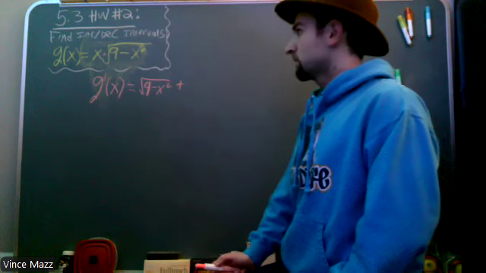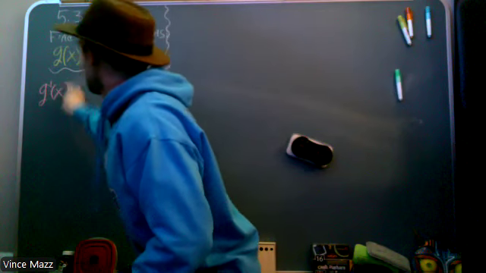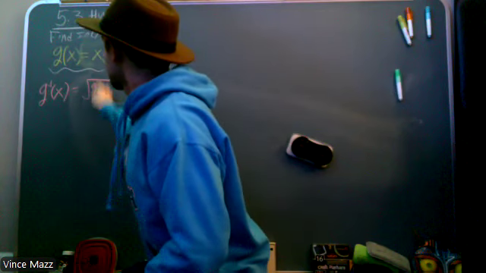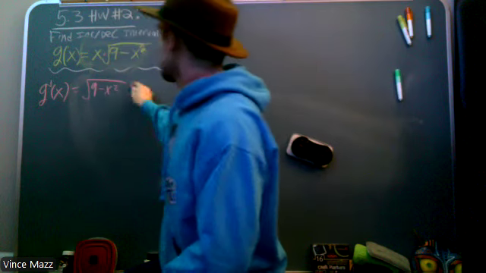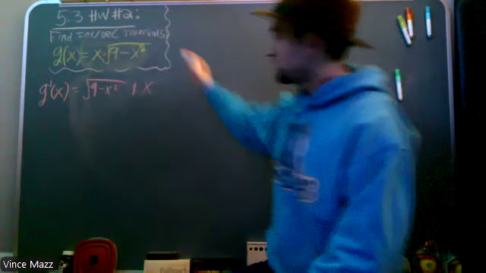Now here's where things get a little bit tricky. I'm going to move over a little bit because I want to use this space for the sign chart. So g prime of x is equal to the square root of 9 minus x squared, plus, then leave the first alone, which is x, and then you power rule this.